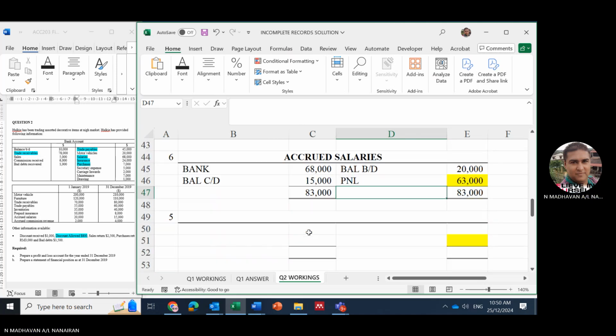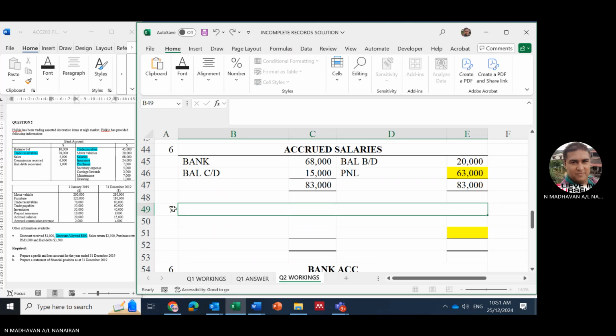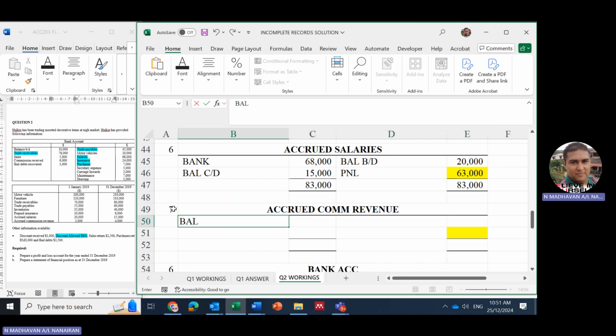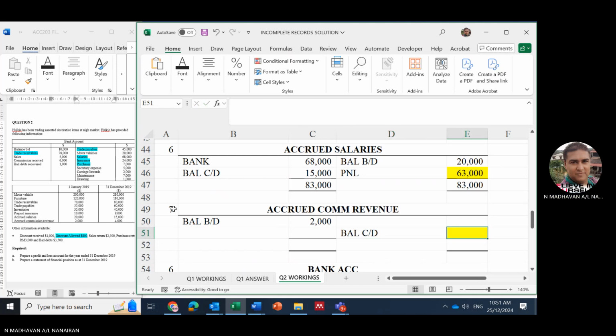Next. Number 7. Accrued commission revenue. This is an asset. Yes or not? Balance brought down. How much? 2,000. Balance carry down. 4,000.